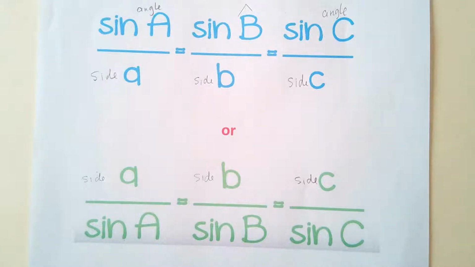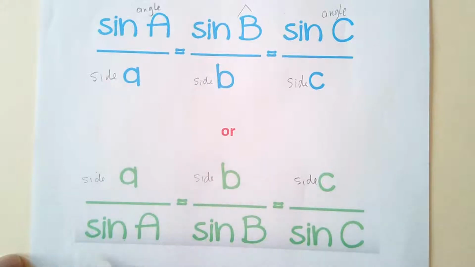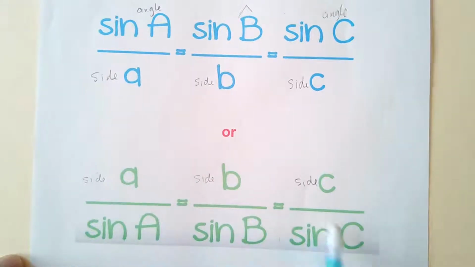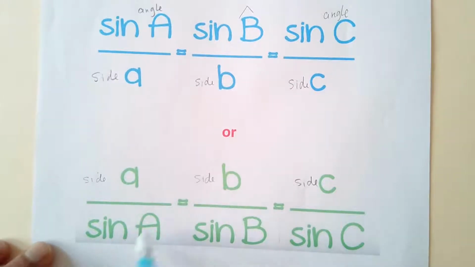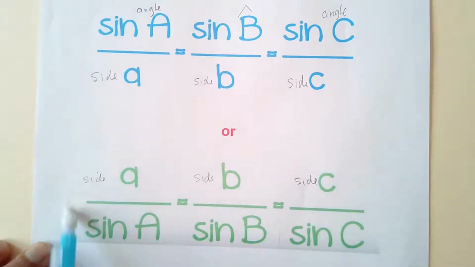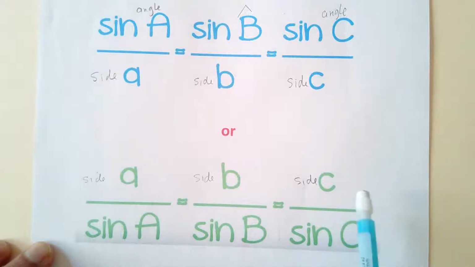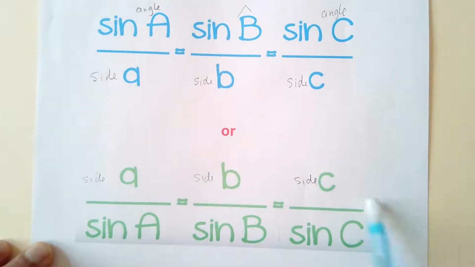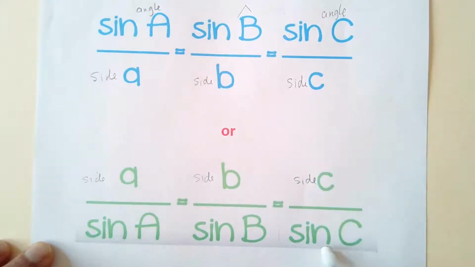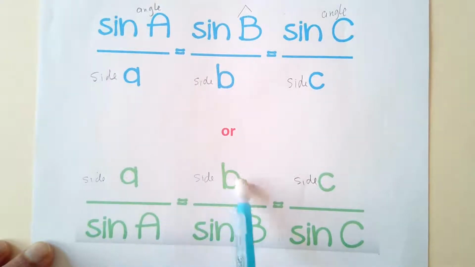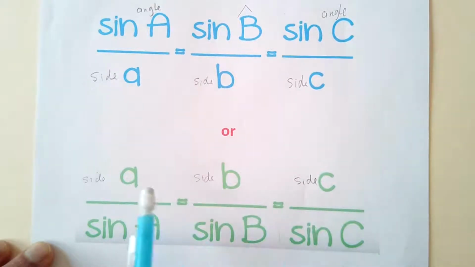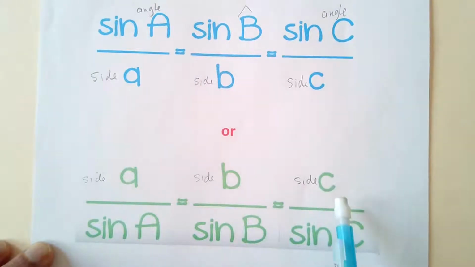At any time when solving equations, we only use one pair of these, one set. There are three pairs here, so we use one pair at a time: A and B, or B and C, or A and C.